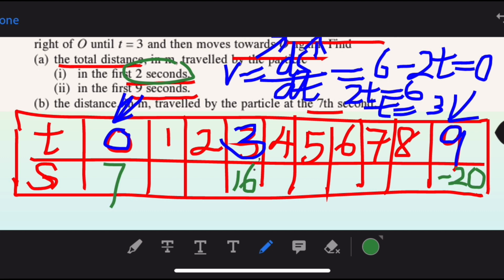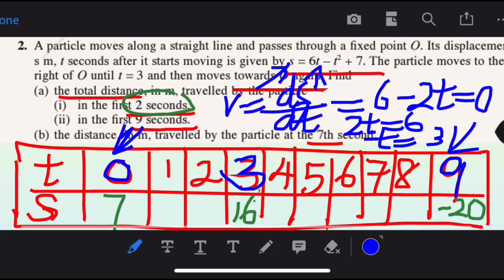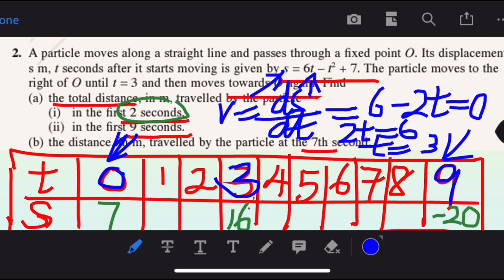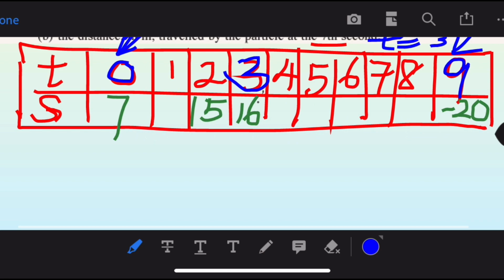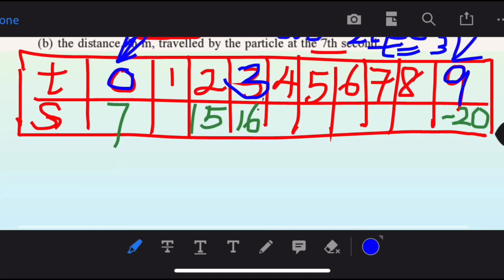Okay, 2 seconds, let's substitute: 6 times 2 minus 4 plus 7, so we have the answer, which is 15 meter. If you have time, you can find more points, but at present I just use these few points. So I'm going to answer the first question, the first 2 seconds.